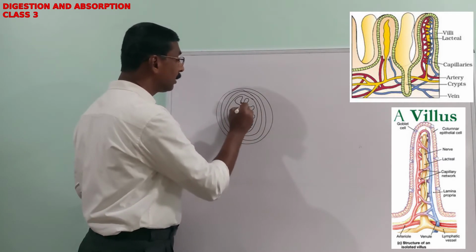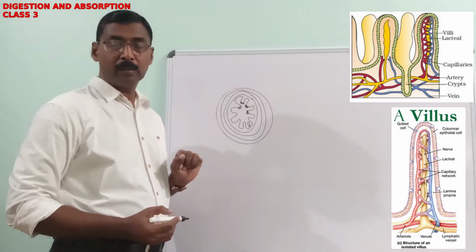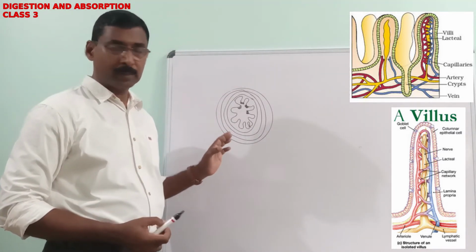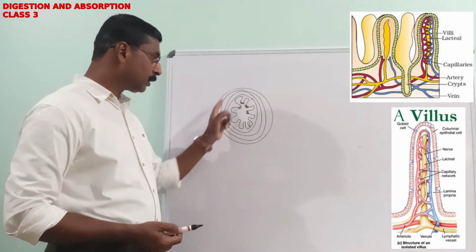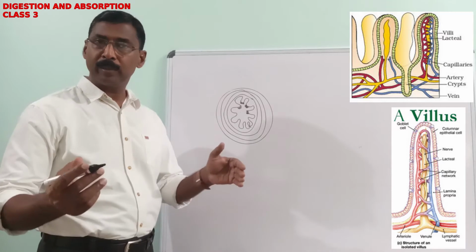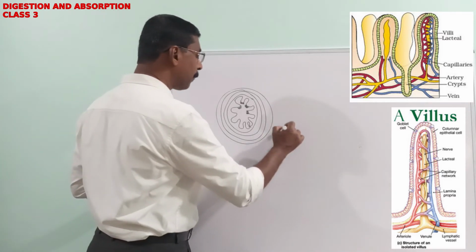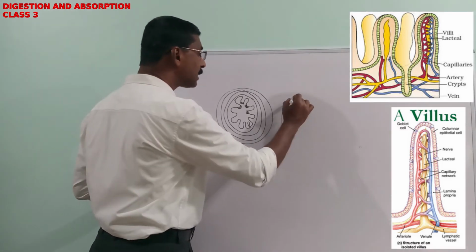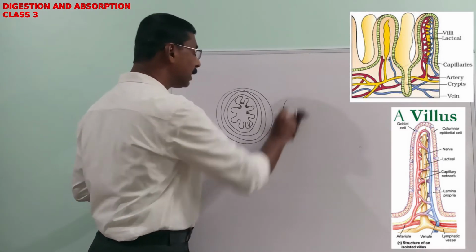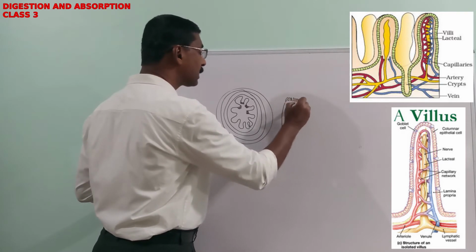So these are called microvilli. You know how microvilli are formed? This epithelium, this mucosa in this small intestine is made up of columnar epithelium. So each columnar epithelial cell on its free end has so many projections like this.